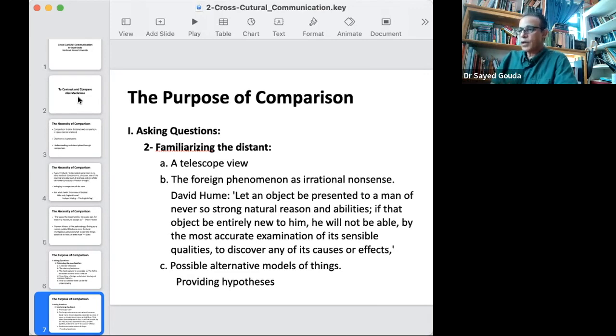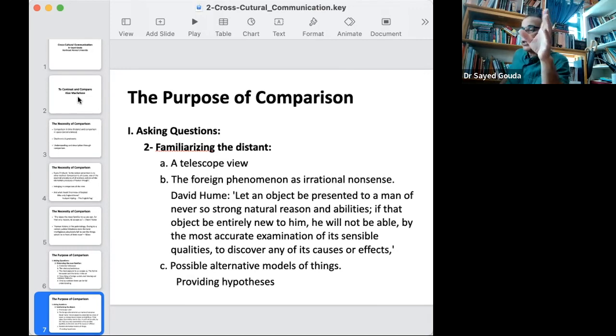David Hume says, regarding this foreign phenomenon, whatever we see, things that are foreign to us, sometimes they sound and they seem irrational and nonsense. In this respect, David Hume, the Scottish philosopher, said, "Let an object be presented to a man of never so strong natural reason and abilities," meaning somebody who is not intellectual, not smart, okay, not intelligent.